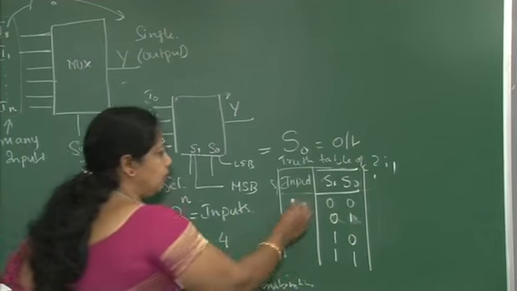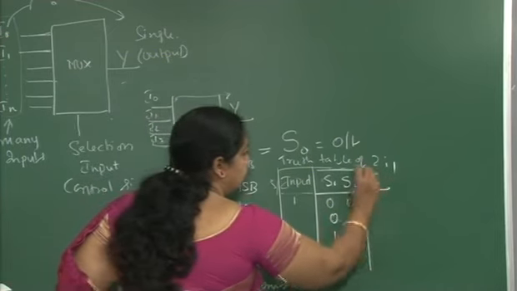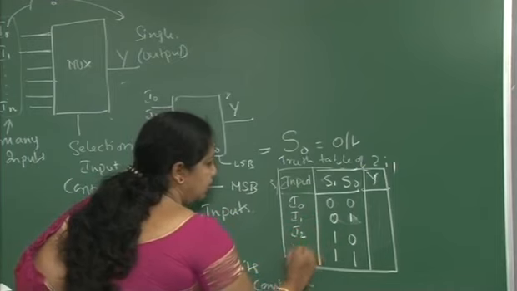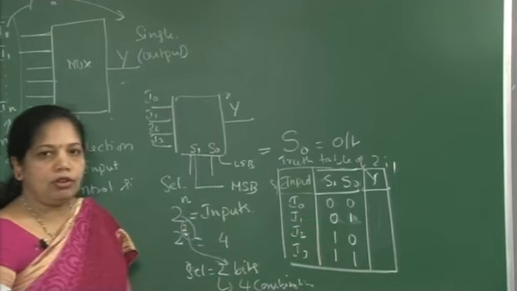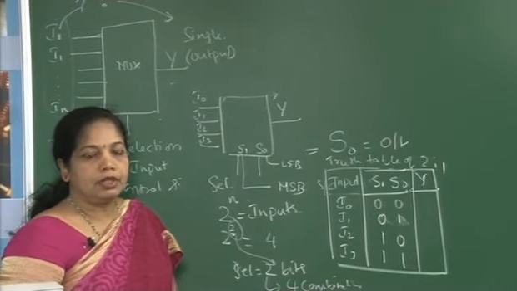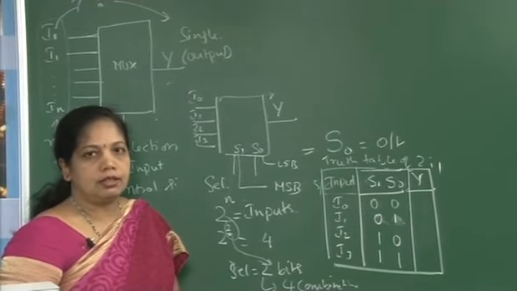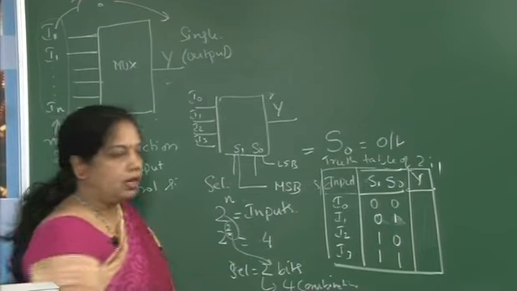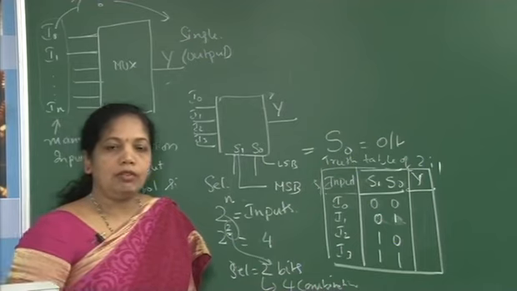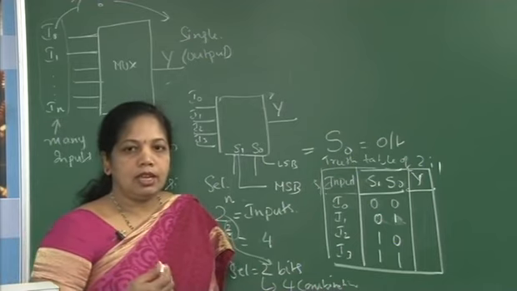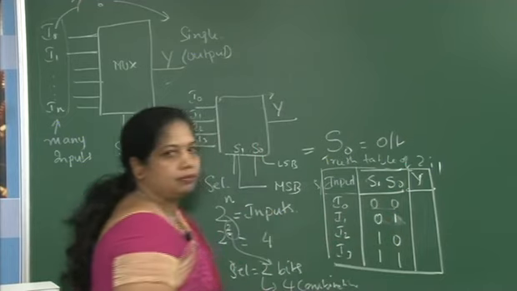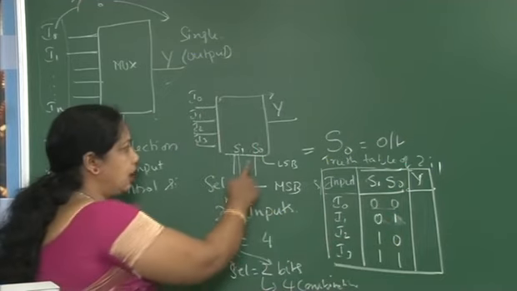Now what will be my output? I have got 4 inputs. Out of these 4 inputs, I am going to select 1 at a time. That is what a multiplexer does. A multiplexer is a device which has many inputs and a single output. The selection is dependent on the bits that you apply here.